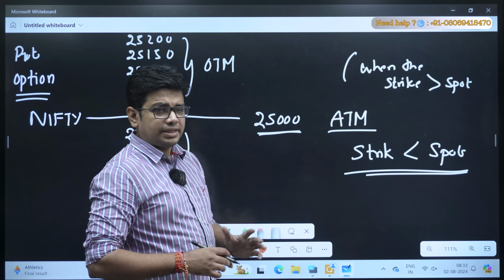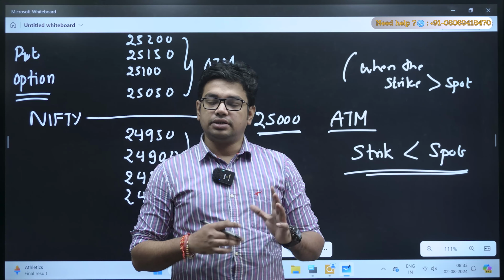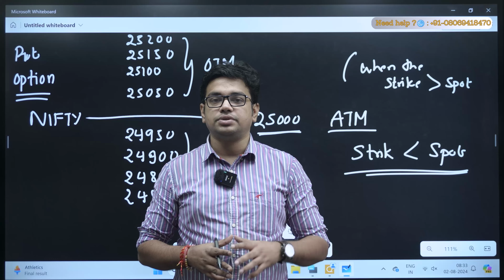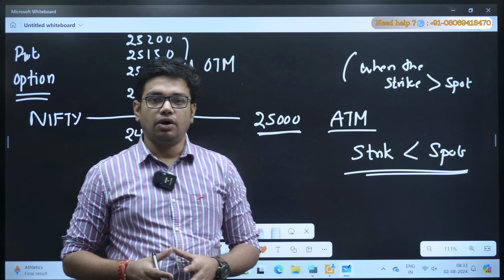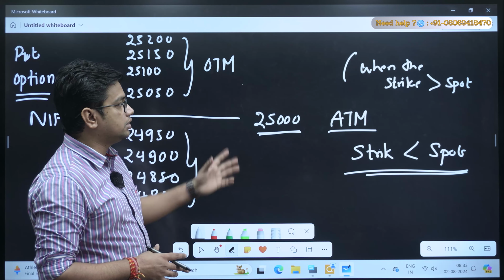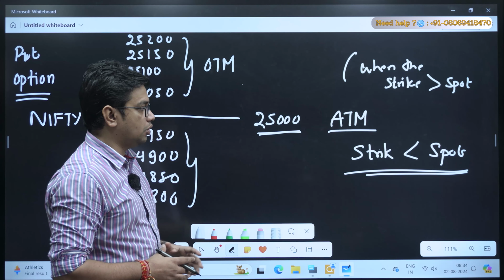There are various parameters and various calculation methods for calculating the price of these options at the OTM level and the ITM level. We will not go into that. We will just try to understand how these options perform at the ATM and the OTM levels.